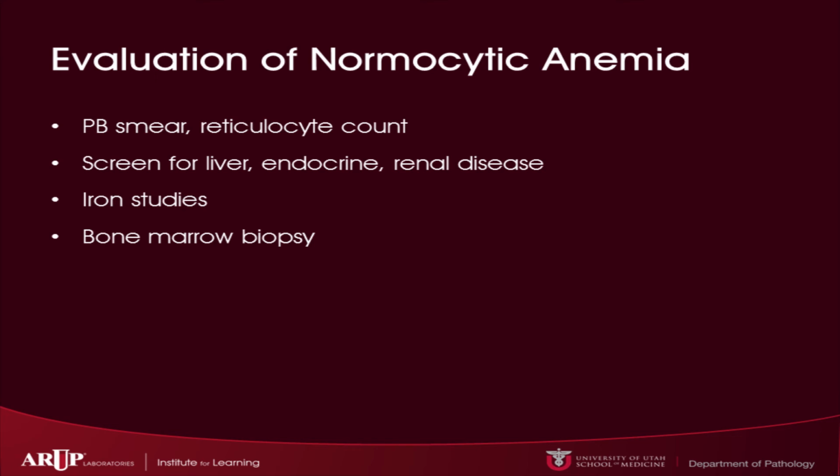If all these parameters fail, then the bone marrow biopsy would be the ultimate diagnostic test, especially in cases of marrow infiltration anemia and aplastic anemia. Bone marrow becomes absolutely necessary for that diagnosis.